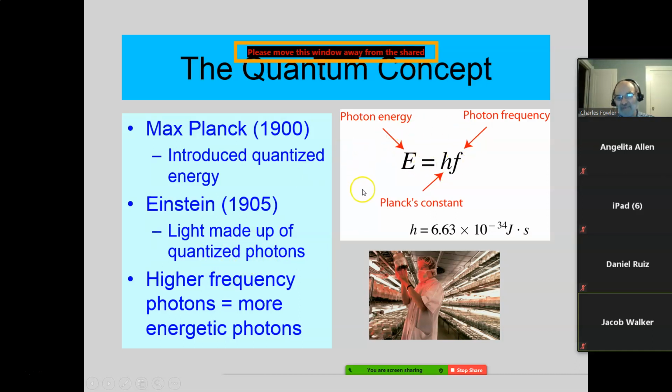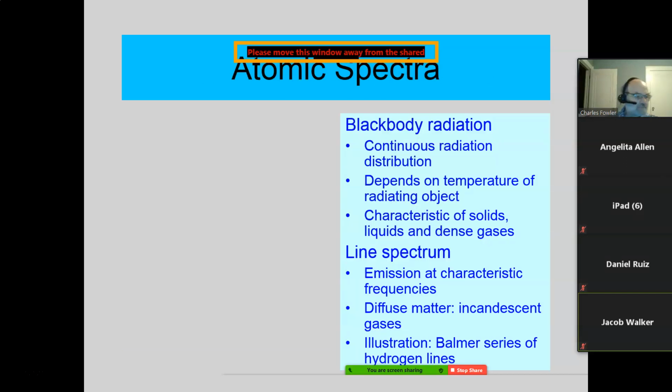And basically, this is the formula you would have. Now, the higher the frequency, the more energetic the photons are. The higher the frequency, the more energy it has. The constant of proportionality was that constant discovered by Max Planck, Planck's constant. Very tiny, tiny, tiny little number, but very important and very consistent. Okay.